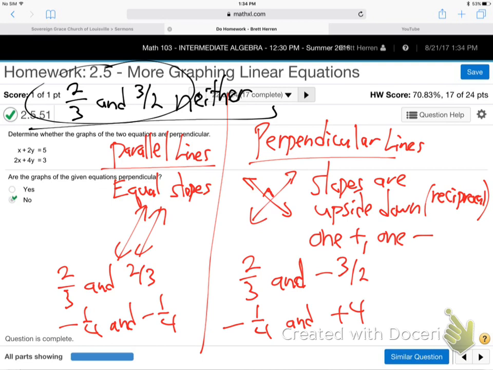They've got to be opposite in every way to be perpendicular. Opposite upside down and opposite sign, where one is negative and one is positive, or vice versa. So parallel, completely the same in every way. Same sign, same everything. Perpendicular, opposite in every way. Opposite sign, opposite upside down. If they're anywhere in between that, it's neither.